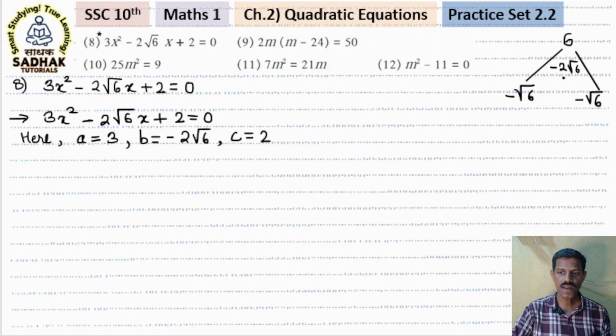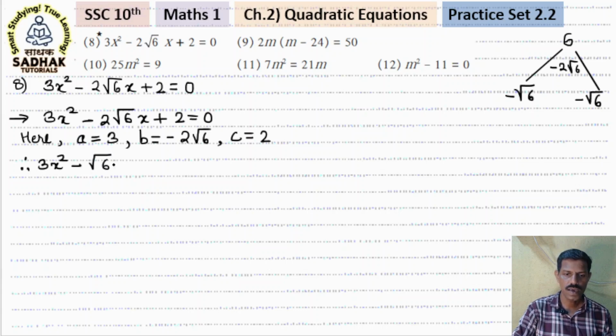So these are the factors we will use for splitting the middle term. Therefore, 3x² − √6 x − √6 x + 2 = 0.